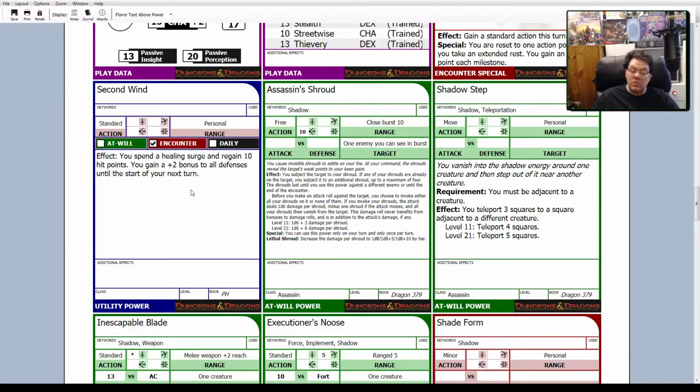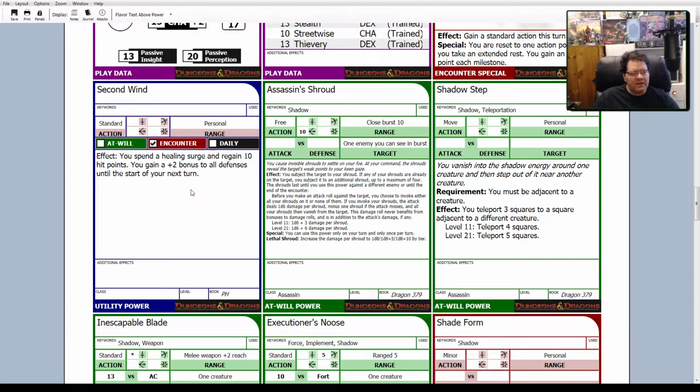Or you could take a move action as your standard action. So unlike fifth edition, where your action is your action and your bonus action is your bonus action, and there's no way to change one into the other, in fourth edition, you could get really tactical about how you use your actions.